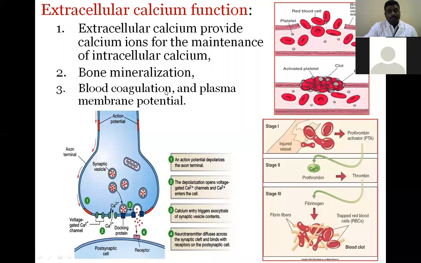The third function is blood coagulation and plasma membrane potential. You know this is one of the blood coagulation processes. When there is a break in the artery, there is a leakage of blood from the arteries. In our system, clot formation automatically takes place.